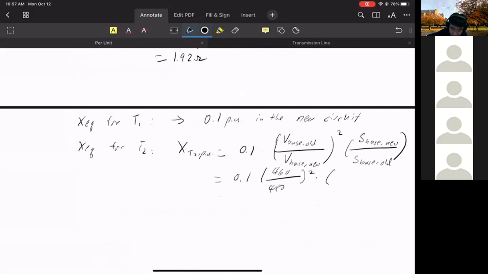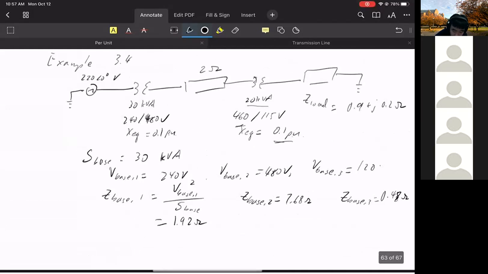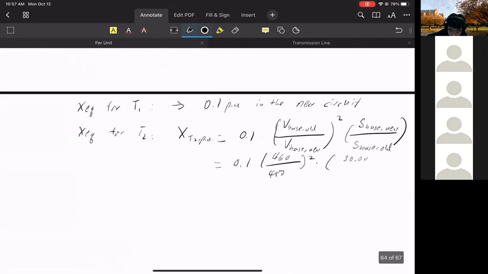Then the new power is 30 kVA, but the old power for this transformer is 20 kVA. So there is a factor from changing the power base as well. You multiply all this out, and this is 0.1378 per unit in the new circuit. All right, so this is our new per unit value.